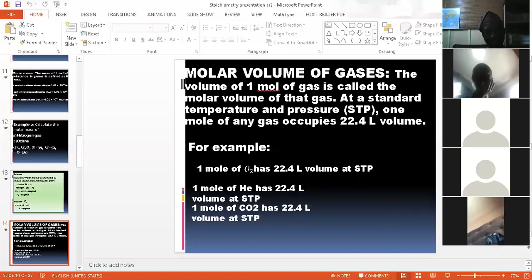All gases, 1 mole of any gas will occupy a volume of what? 22.4 liter. And that we call the molar gas volume. The one point you need to take cognizance of here is that 1 mole of any gas will occupy a volume of 22.4 at STP. Take note of that. Let's move on.